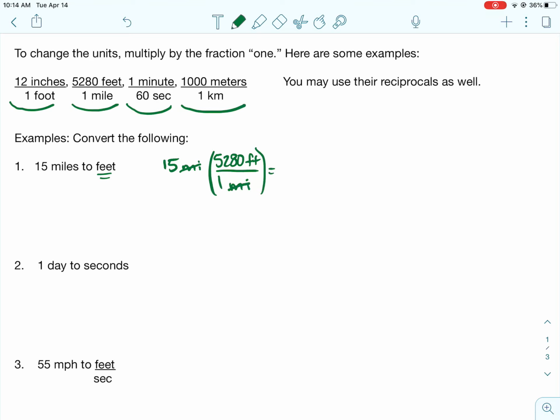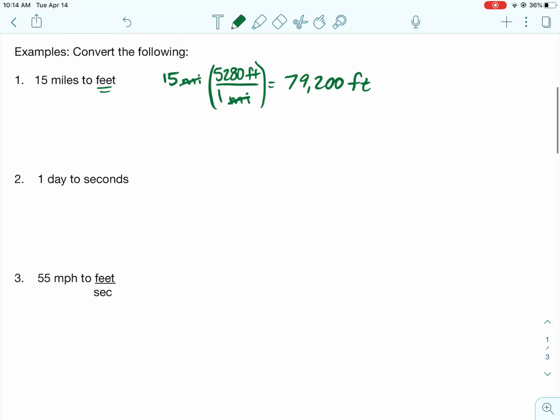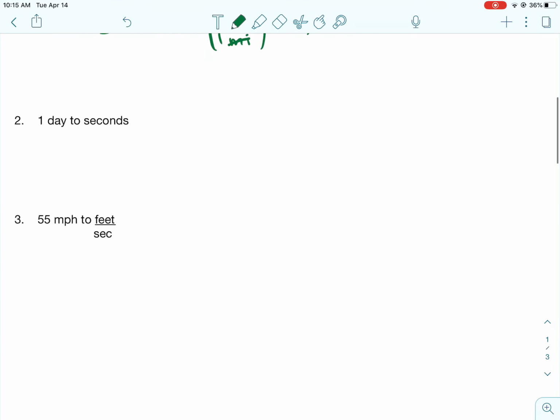And then what I want it to become is feet, so I'll put how many feet are in 1 mile in the numerator. And then when I multiply this, the miles will cancel. And then you can just use any calculator to multiply 15 times 5,280, and that's going to be 79,200 feet.